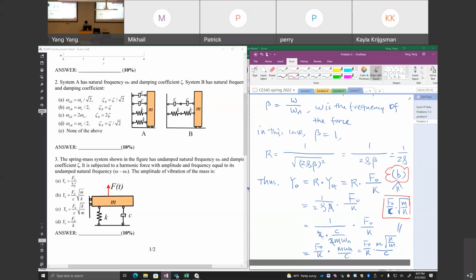Yeah, we have one student who explained that by guess, he or she selected B. Fantastic. Just by one guess, that's great. 10 points.